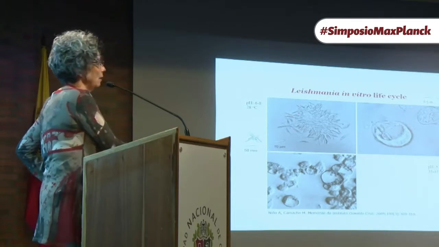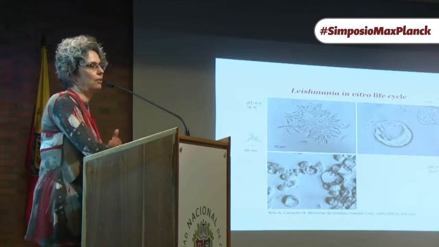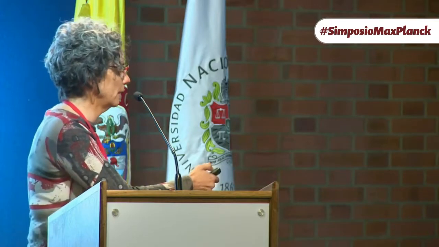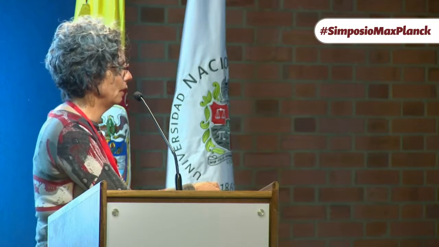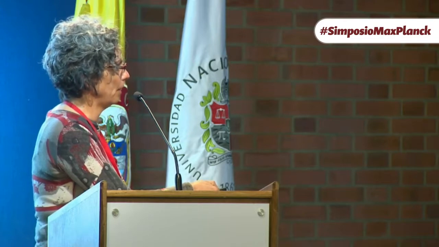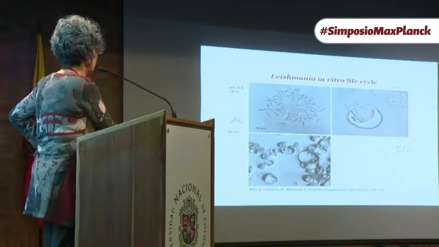This is a free flagellated form that is found in the intestine of the insect that normally carries the disease in the wild. This is a macrophage which has been recently infected. You see that the shape of the parasite is nearly kept, but the parasite goes through a transition to the differentiation stage of the amastigote.